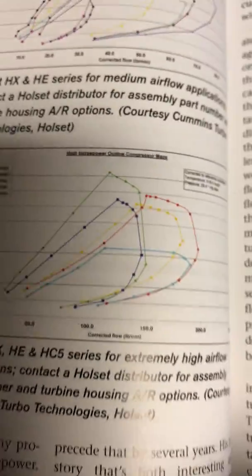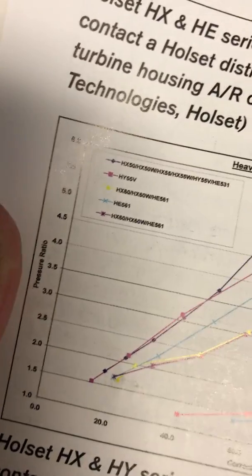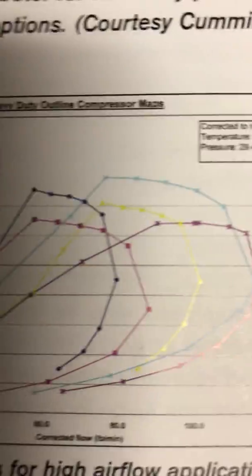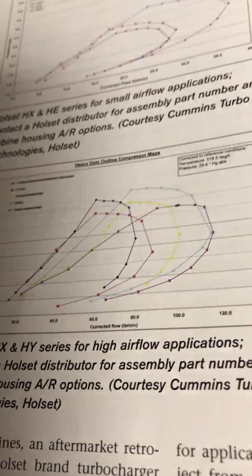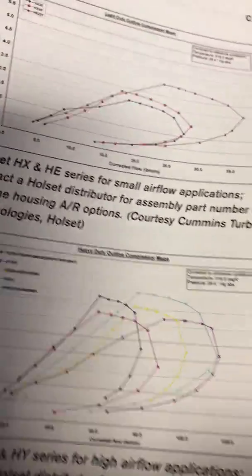Here's some more Holset ones. So let's go over here. We're in the 80 pounds a minute at a 6-to-1 ratio. The one closest to doing that is this blue line right here, and this is actually an HE561. That's a variable geometry turbo that's on the ISX Cummins.